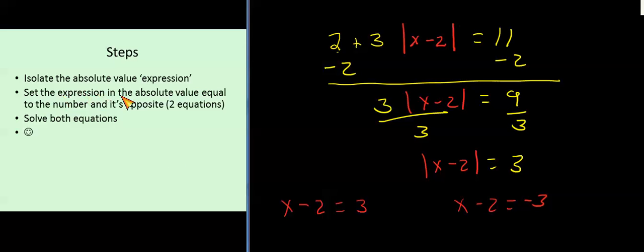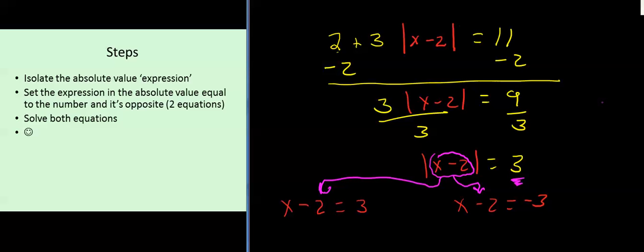Step 2, set the expression in the absolute value, that's this x minus 2, which goes here and here. Set that expression equal to the number. The number is 3, so set it equal to 3, and its opposite.